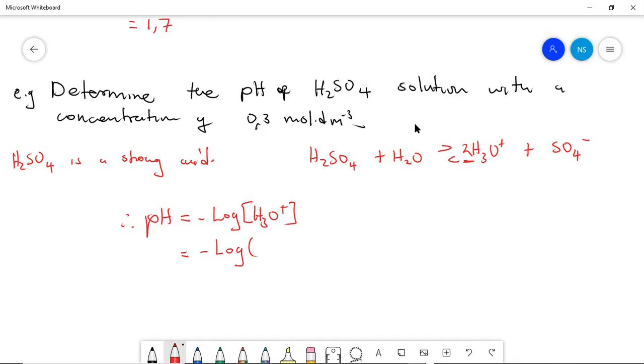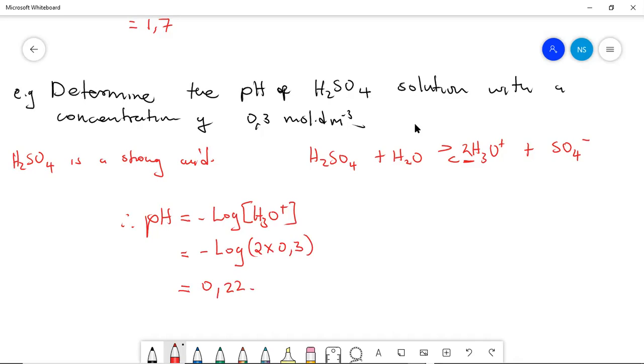So this will be minus log of 2 times 0.3, because it gives off 2 hydronium ions. And the answer will be 0.22. So this is the pH of sulfuric acid. Hope you get it right.